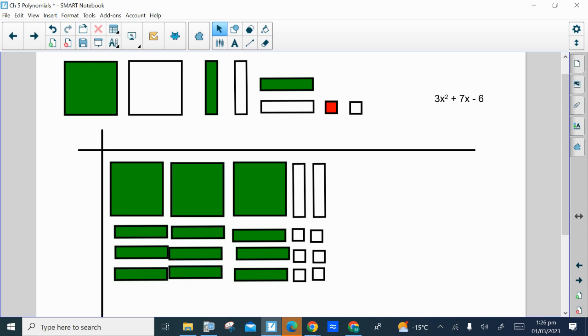So Sal, what's the factor we would write on the top? Yes? Yeah. We're saying those are the factors.